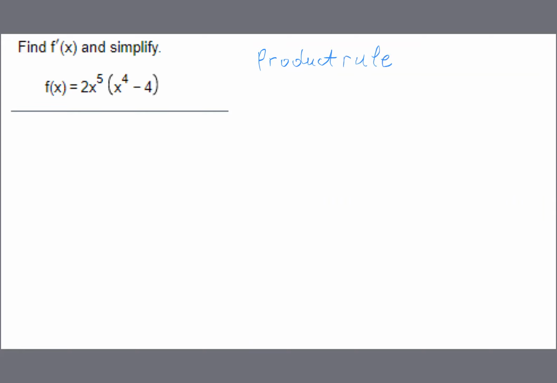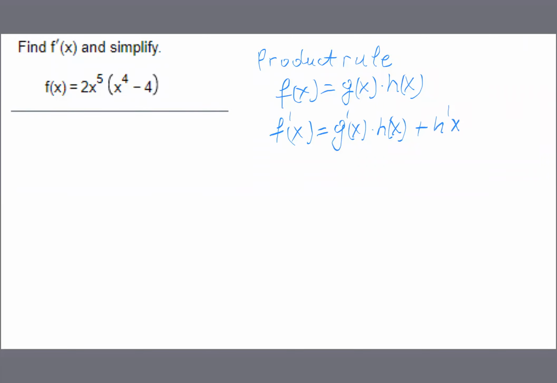The product rule says if f of x is a product of g of x times h of x, that means that f prime of x is g prime of x times h of x plus h prime of x times g of x.